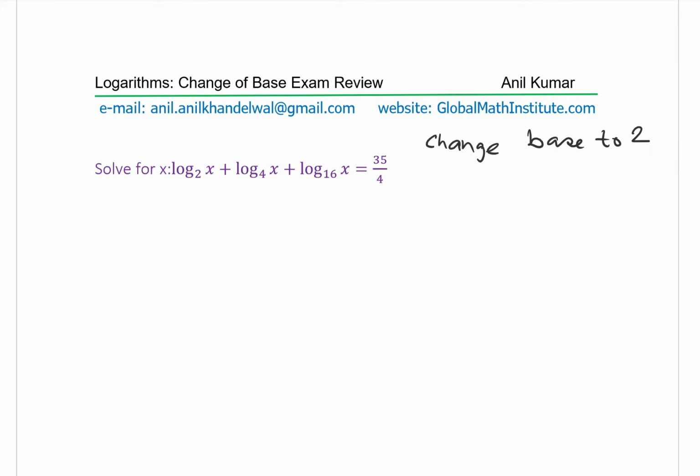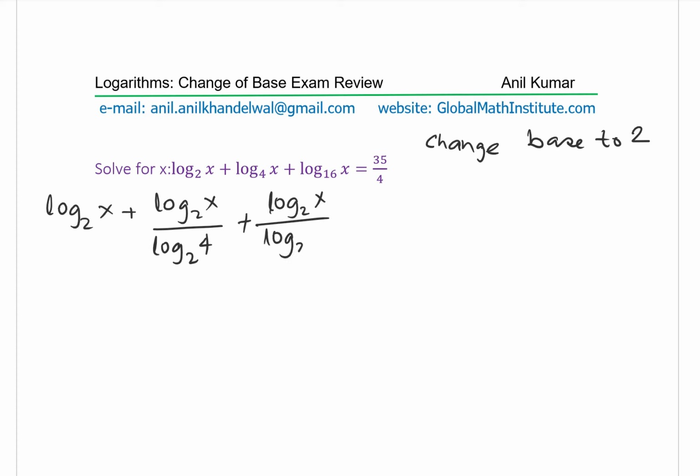So we get log to the base 2 of x plus, 4 could be written as log to the base 2 of x divided by log to the base 2 of 4, plus 16 can be written as log to the base 2 of x over log to the base 2 of 16. And we are given this as 35 over 4.